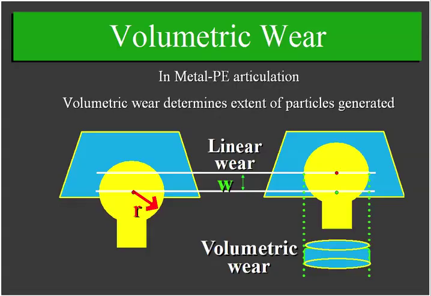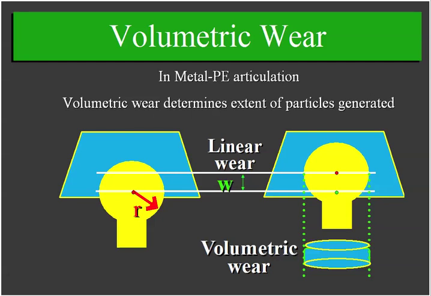Okay. With the traditional bearing, hard on soft, metal on polyethylene, volumetric wear determines the amount of particles generated for osteolysis. So on the left side, you have a ball in a cup, and you wear through that polyethylene cup. W there is the linear wear rate.